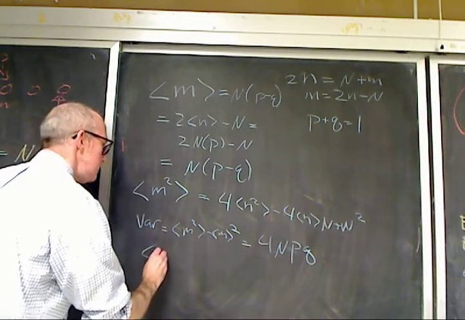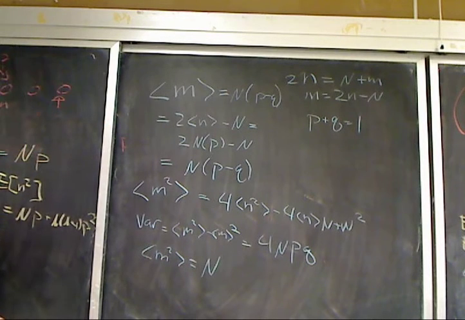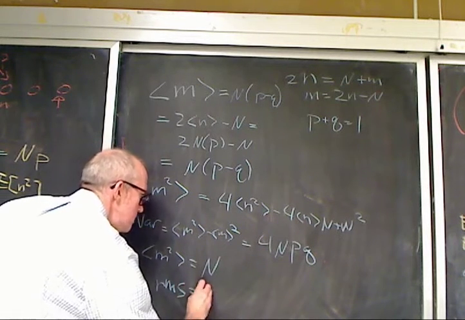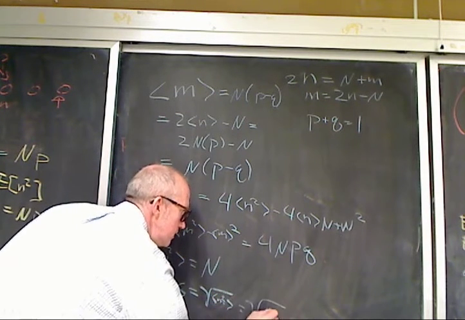And the average distance that you've gone, m squared, is equal to the number of steps. So the RMS displacement is the square root of the average m squared, which is the square root of n.